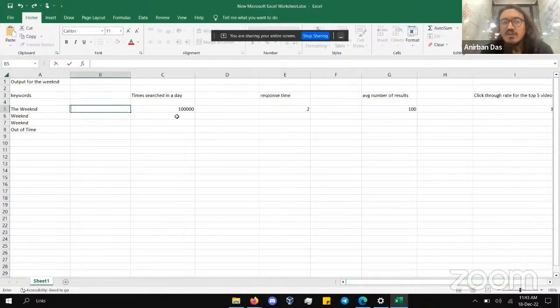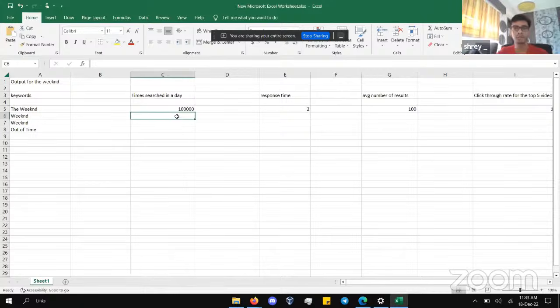So you were seeing 500. Let's say times searched in a day was the same, but you were seeing 500 results in November and that number dropped to 100. What are some hypotheses that you have for why this might have been the case? All right. So the current issue is the number of results being shown on the search query has declined. Okay.